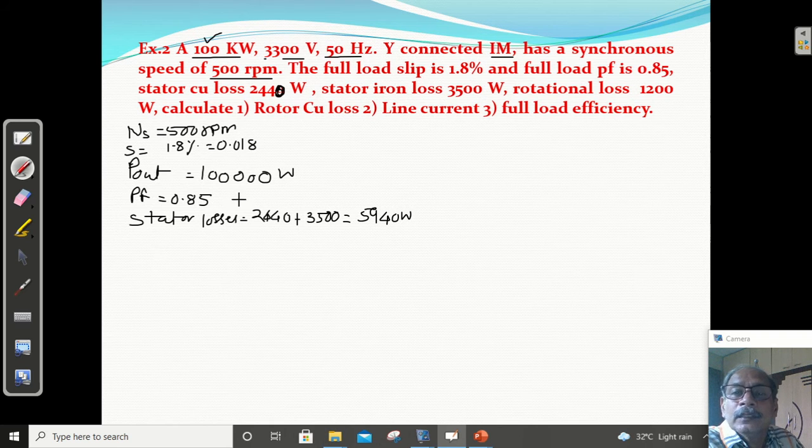Then rotational losses, mechanical losses, we have given 1200 watt. Calculate the rotor copper loss, line current and full load efficiency.